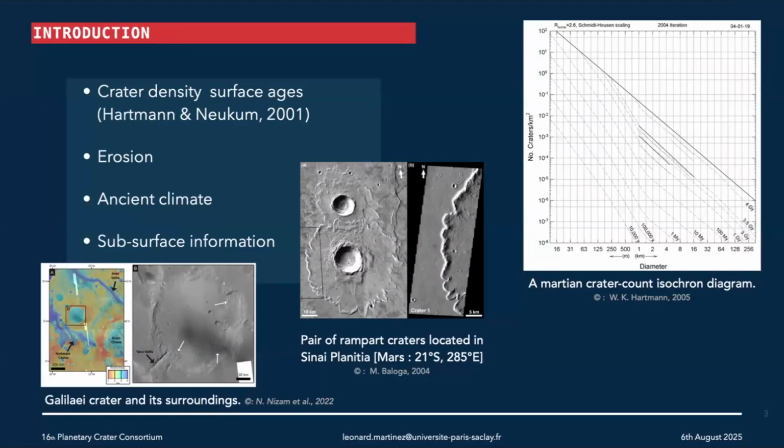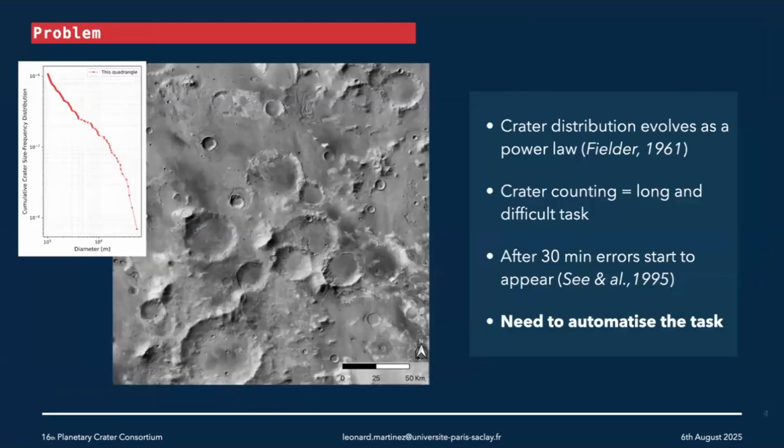And this is very interesting, but the whole point of this job is to correctly count the craters and correctly detect them. Here you have an example of a Noachian region on Mars, and you can see that when it comes to counting the small craters, the task becomes a little bit harder.